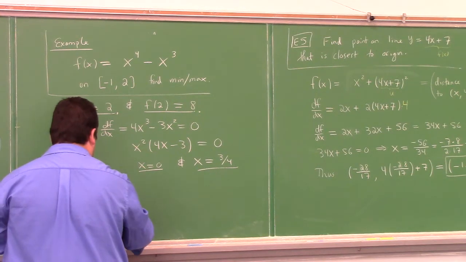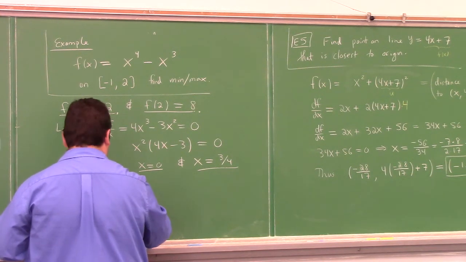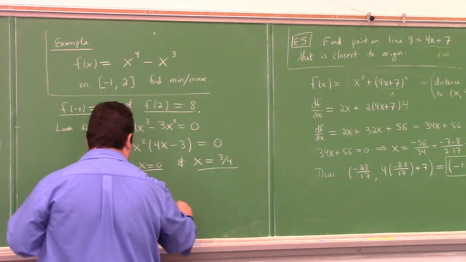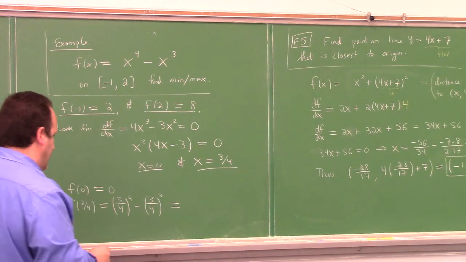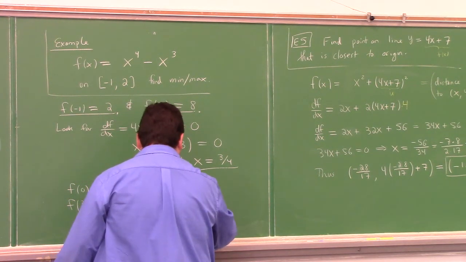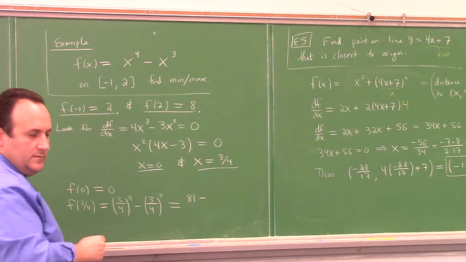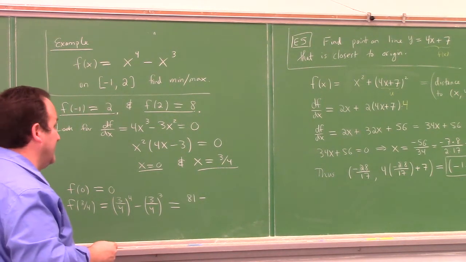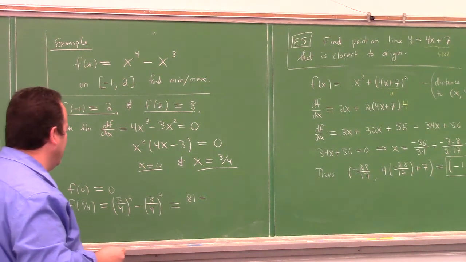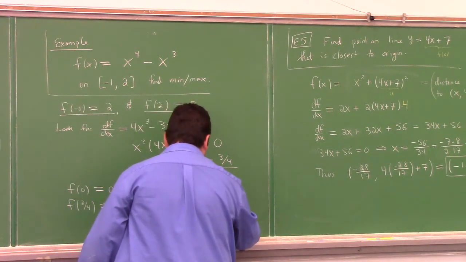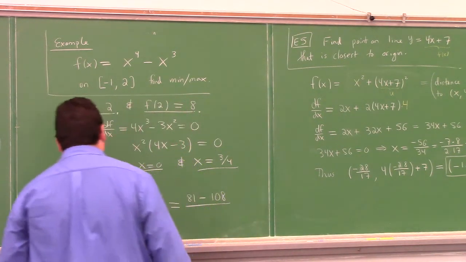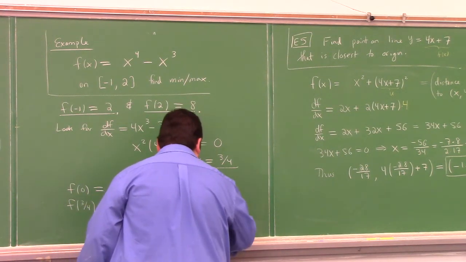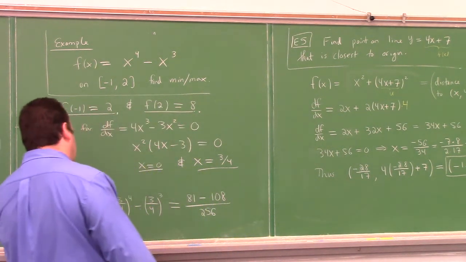It's 3/4 to the 4th power minus 3/4 to the 3rd power, which is 81 minus 4 times 27. 4 times 27 is what? 108. And we divide by 4 to the 4th, which is otherwise known as 256, I think. 16 times 16.